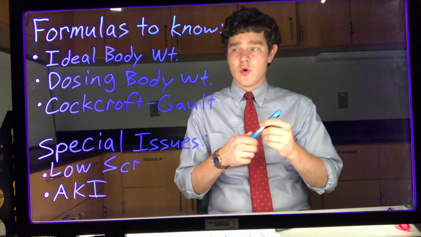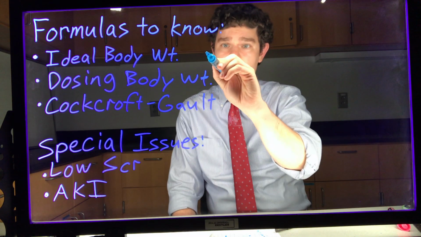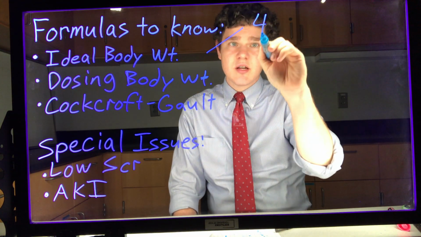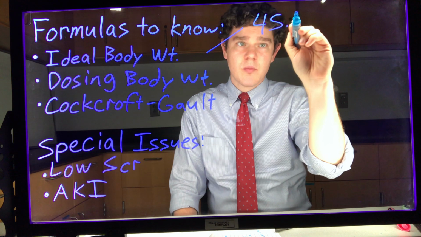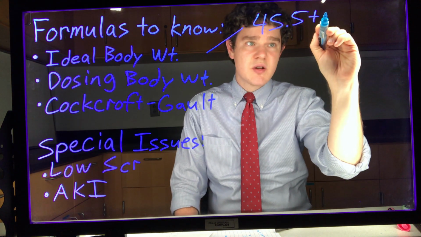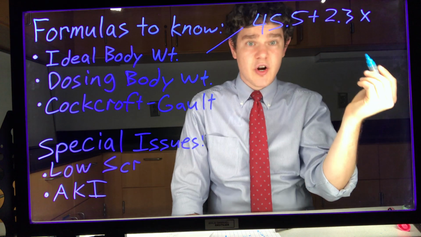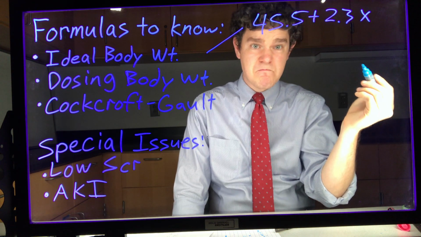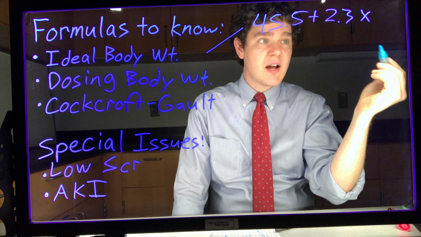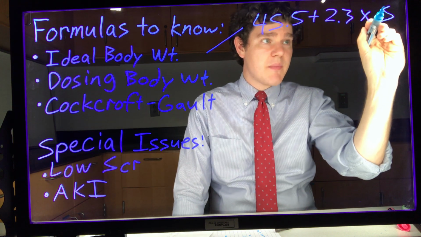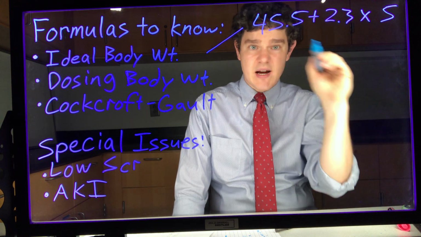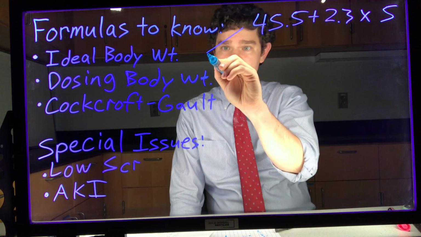For the ideal body weight calculation for women, that's going to be 45.5 plus 2.3 times their height greater than 5 feet. So if they were 5'5", I would multiply that by 5 to get my ideal body weight in a woman.